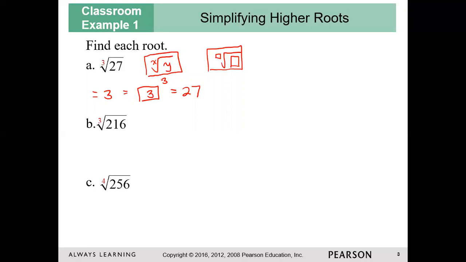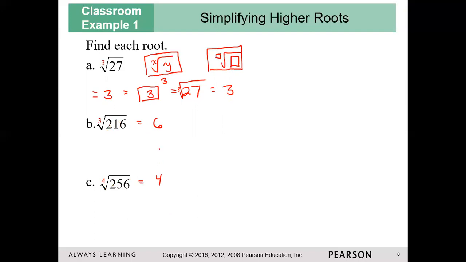So 3 to the 3rd power is 27, which is exactly why the cube root of 27 is going to be 3. All right, so the cube root here of 216 is going to be 6, and then the 4th root of 256 is going to be 4, okay?